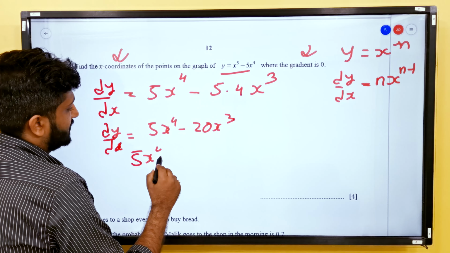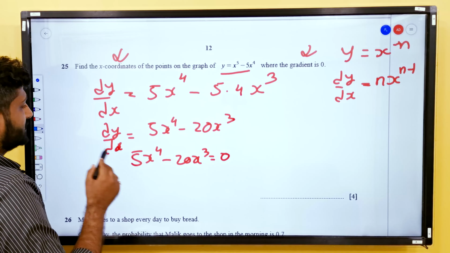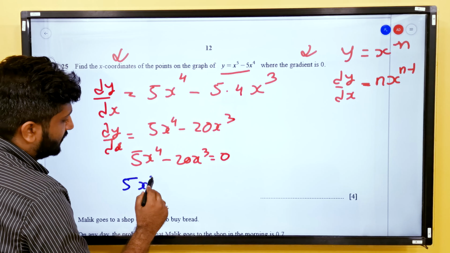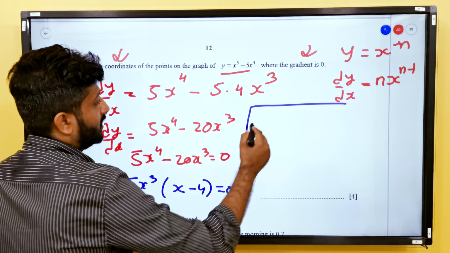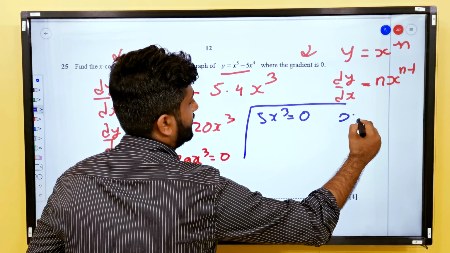So 5x power 4 minus 20x cube equals 0. Let us take out 5 and x cube common. So we will be left with x minus 4 equals 0. So we will have two values of x. One will be 5x cube equals 0 and another will be x minus 4 equals 0. So one is x equals 0 and one is x equals 4.